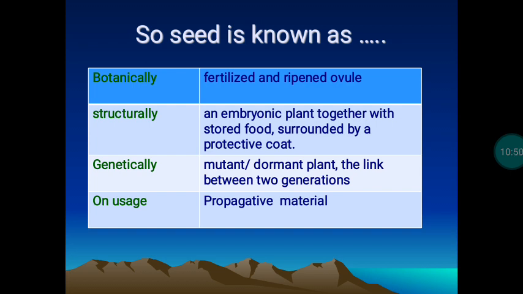Here one exception is there, that is orchids. The orchids are totally devoid of any storage organs, so that is a unique seed. Because of that, for raising orchids, we always need to place the seed in an artificial nutrient medium. We have to give our nutrients, then only we can make that orchid seed germinable.